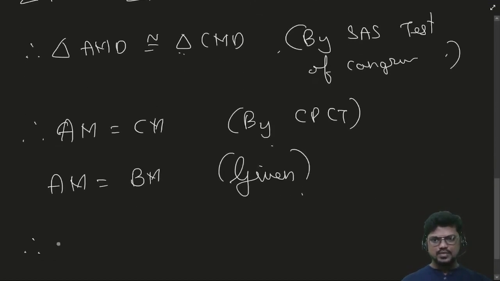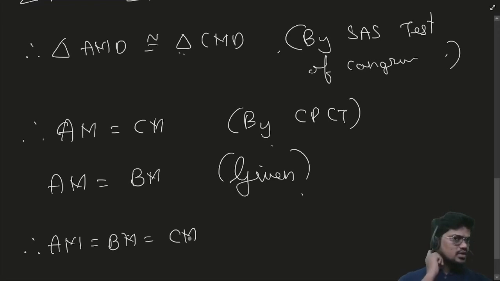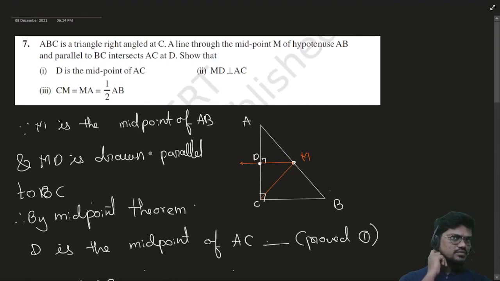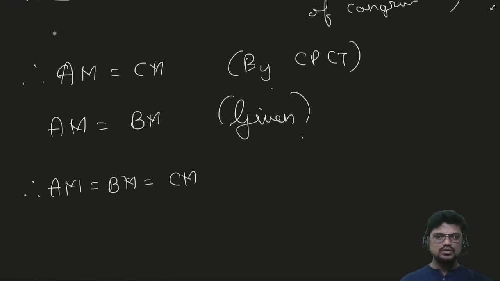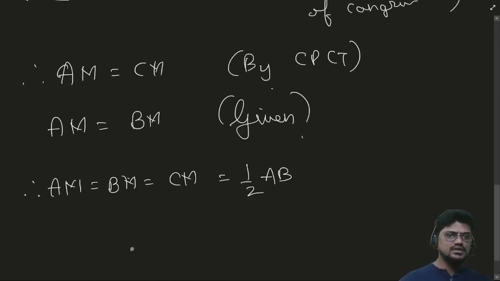Therefore, AM is equal to BM is equal to CM. Okay. This is what is proved. But what they have asked is also equal to half of AB. That's fine. If AM is equal to MB, it will be equal to half of AB. Clear everything?